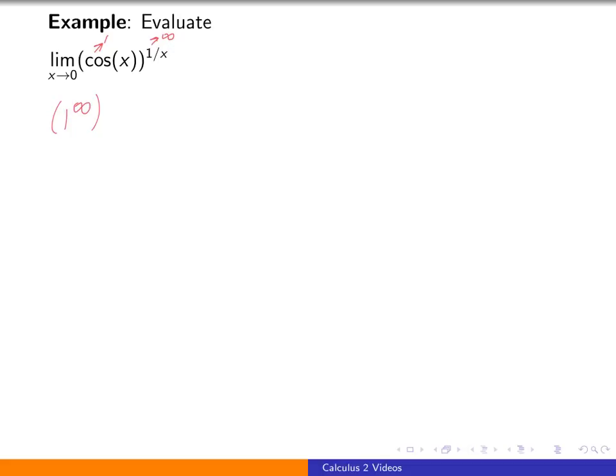So in order to get to the point where we can actually apply L'Hopital's rule, we need to rewrite algebraically, using properties of exponentials and natural logs. This becomes e, and then we'll have natural log of cosine x raised to that 1 over x power, but a power inside the natural log can be pulled up front.